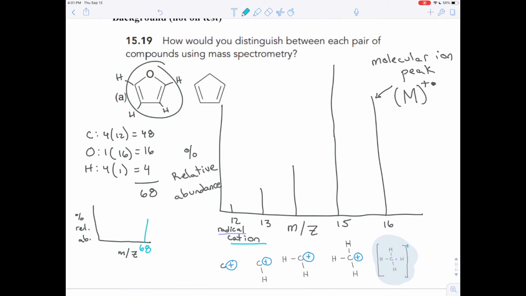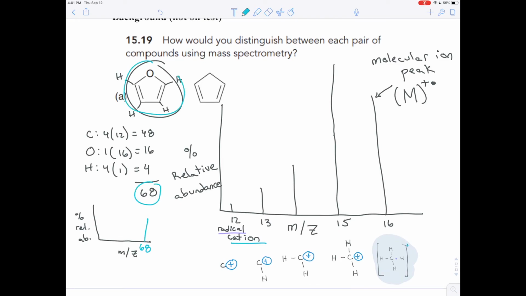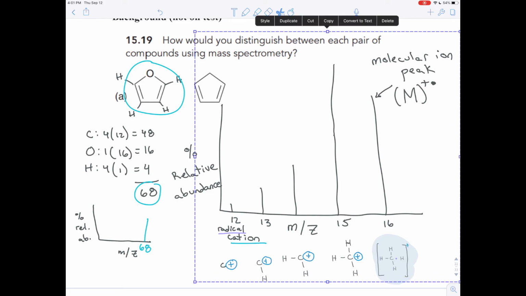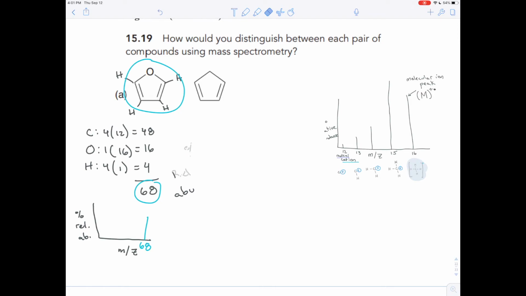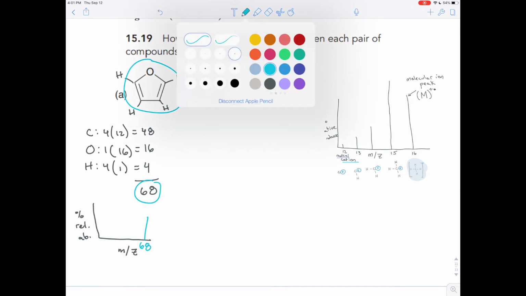That would be your molecular ion peak for this molecule. Compare that with this other molecule.